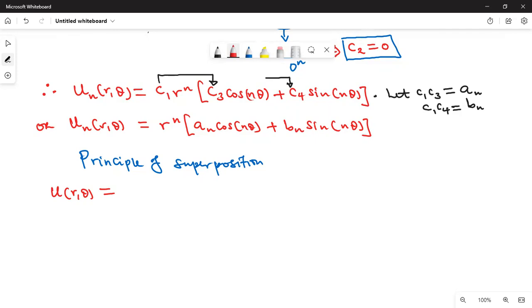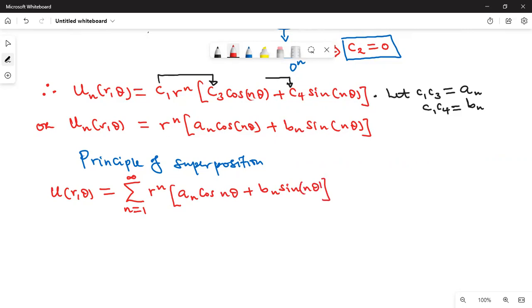So this solution can now be written as the sum from n equals 1 to infinity of r raised to n times A subscript n cosine of n theta plus B subscript n sine of n theta.